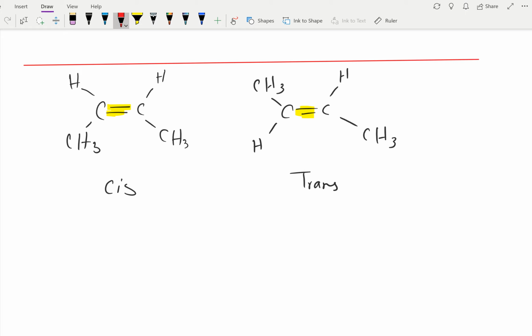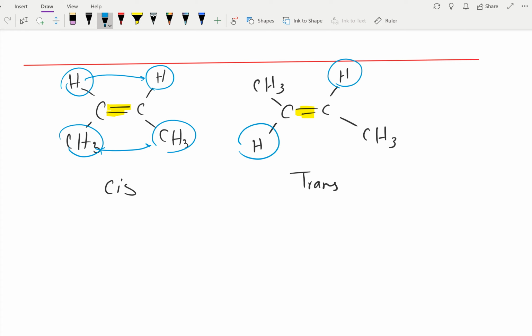So in a molecule, you have either this one, in which the same groups are on the same side, the cis isomer, or we have the molecule which is drawn on the right side, where the same groups are on opposite sides from each other. So the molecule is either the one written at the left, or the one drawn at the right side.